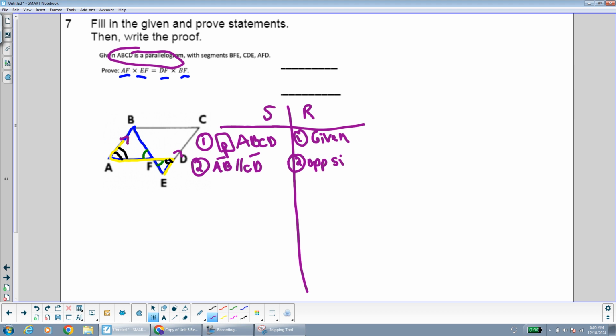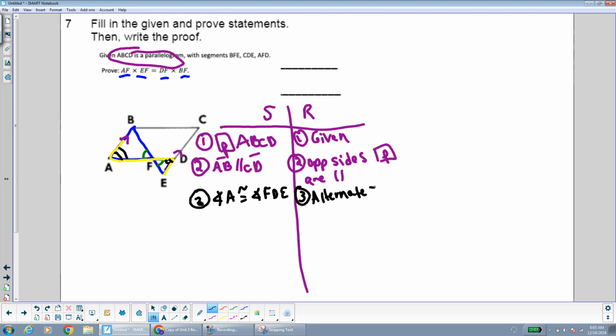Opposite sides of a parallelogram are parallel. And from there, we can say angle A is congruent to angle FDE because alternate interior angles are congruent when parallel lines are cut by a transversal.